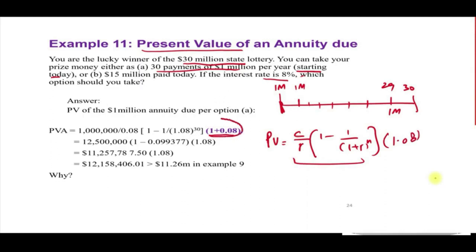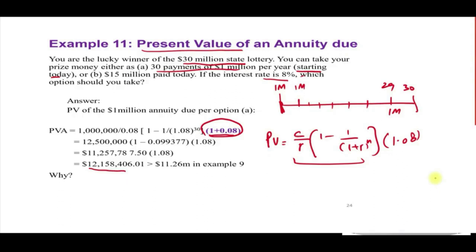That's why this area is highlighted, just to show you that our answer would be greater than this answer, because we are multiplying it, right? So our answer is greater than what we got in the previous example. Why?